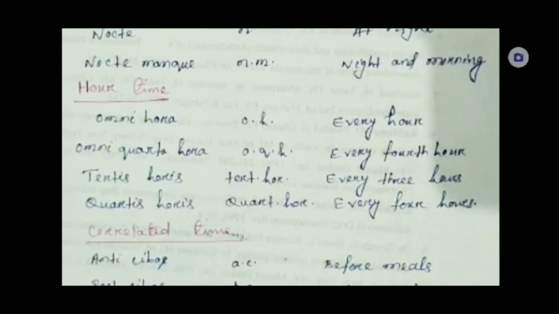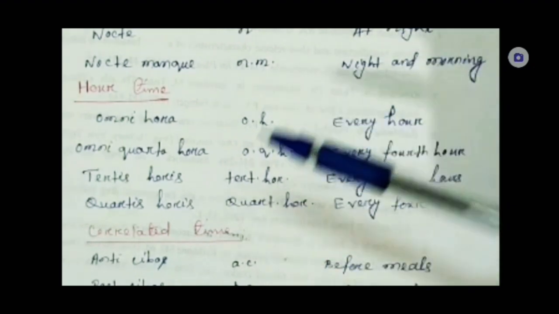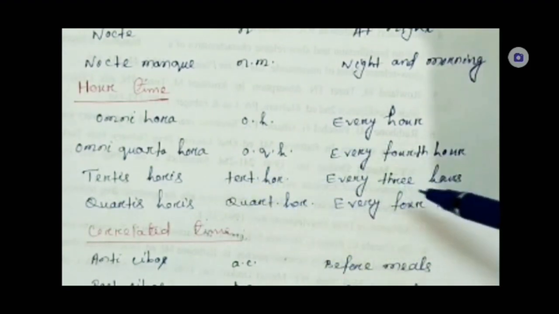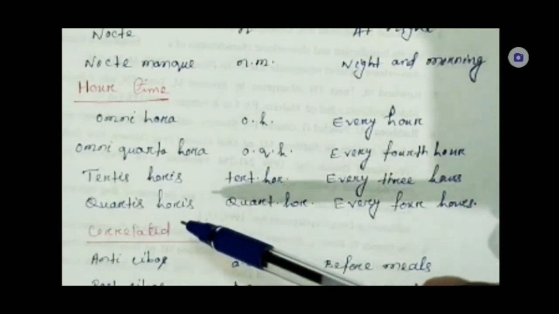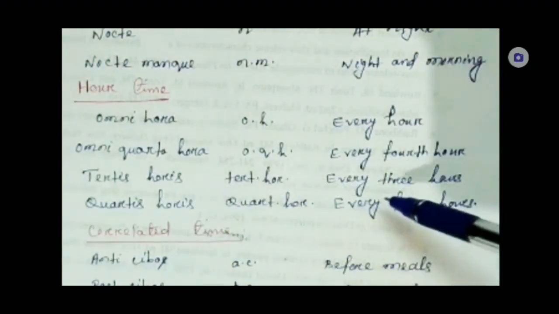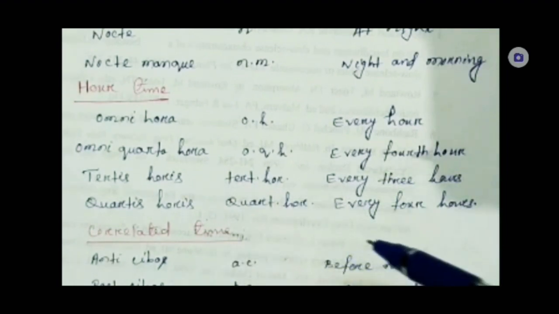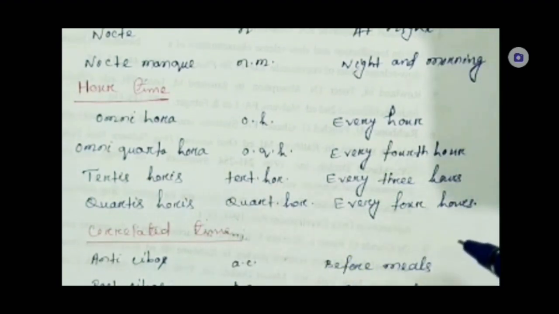So if it is written OH, it is every hour. If it is written OQH, omni quarta hora, it is every 4th hour. If it is written tertia hora, every 3 hours. Likewise, if it is written quarta hora, its meaning is every 4 hours.